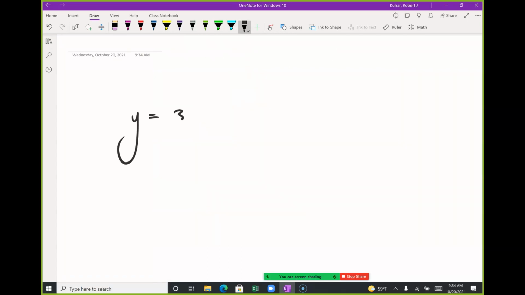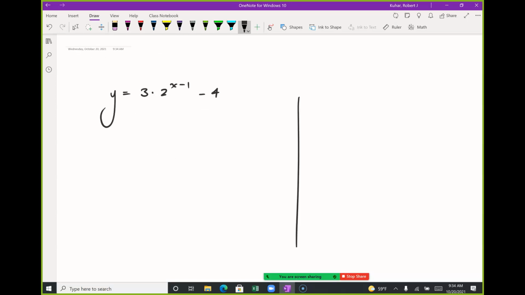So, for example, I might have y equals 3 times 2 to the x minus 1 minus 4. So there's my exponential function. The base is 2, fine. The initial value is 3. What happened to my origin, though? Where did it move? Down 4. Yep.